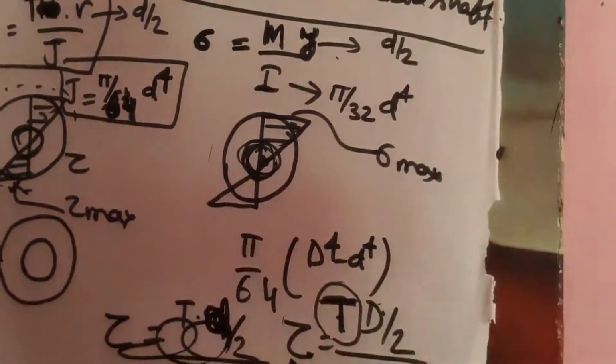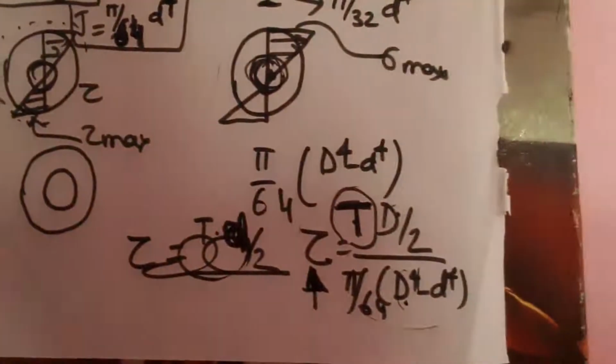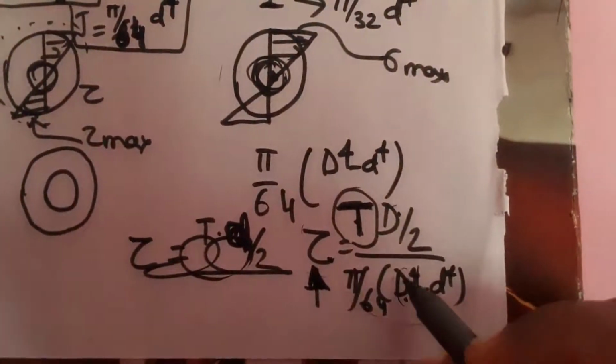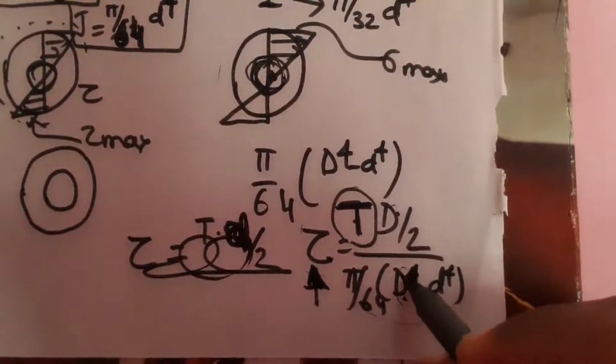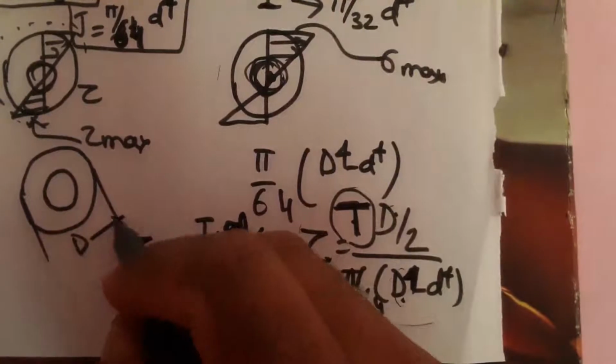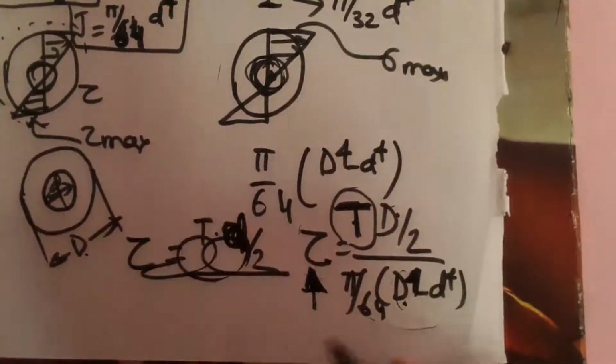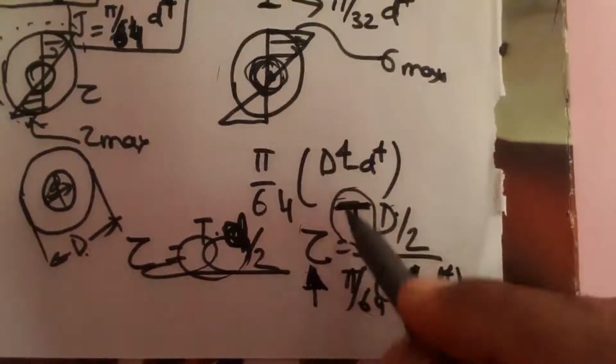Similarly, for the other case, if the outside diameter D increases while the inside diameter is small d, this amount will be more.